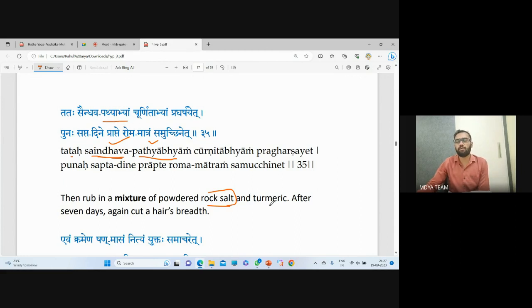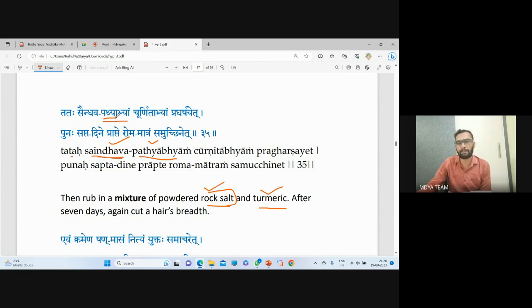Bihar School of Yoga, Munger, explains Pathya as turmeric. But Kaivalyadhama explains it as myrobalan powder, harde ka churan. So remember both. Turmeric is also right, and myrobalan powder, harde ka churan, is also right, because here only pathya is described, not clearly.